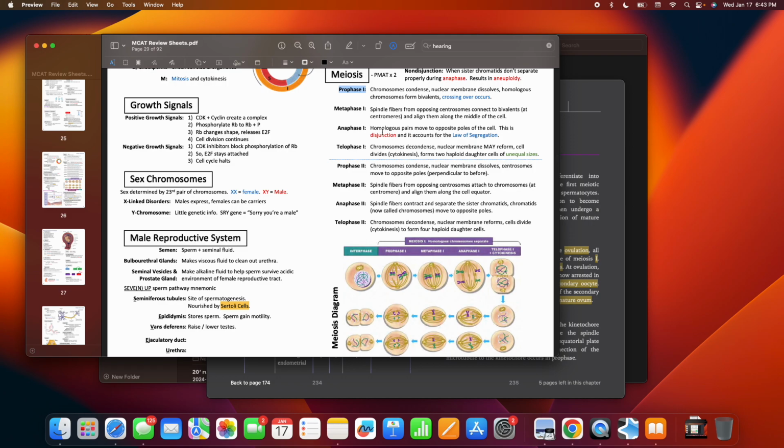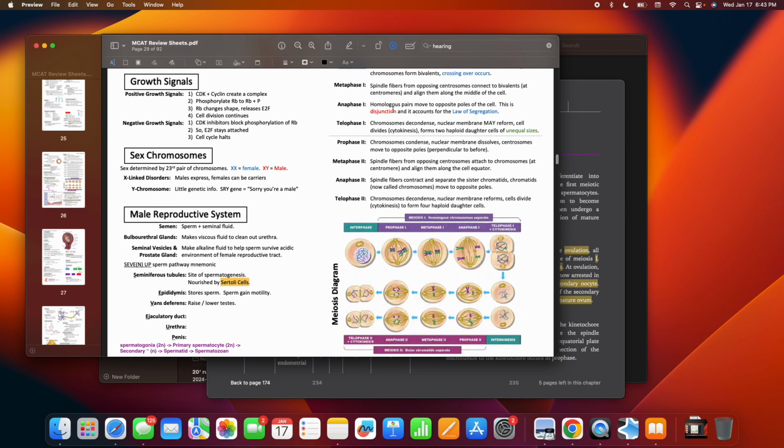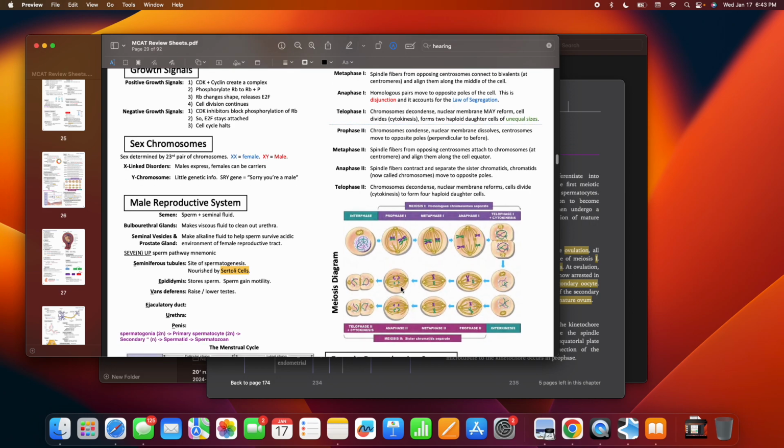In anaphase, we have a separation. So the homologous pairs move to opposite poles of the cell. This is for anaphase 1, and this is disjunction, and it counts for the law of segregation. So we have the anaphases here. For anaphase 2, spindle fibers contract and separate the sister chromatids, and the chromatids, now called chromosomes, move to opposite poles.